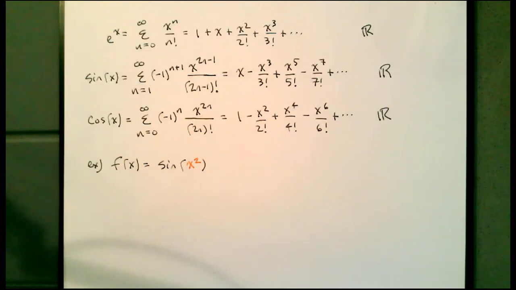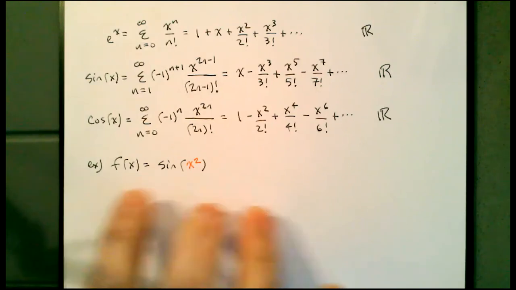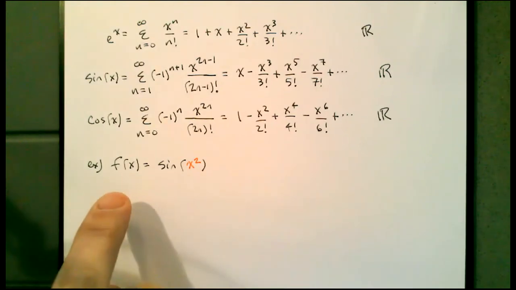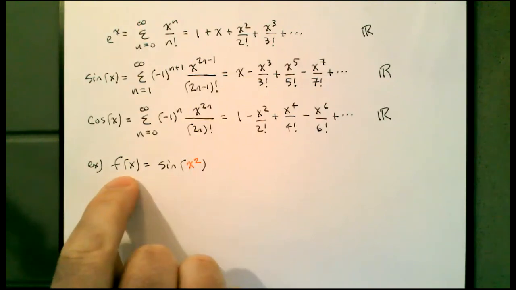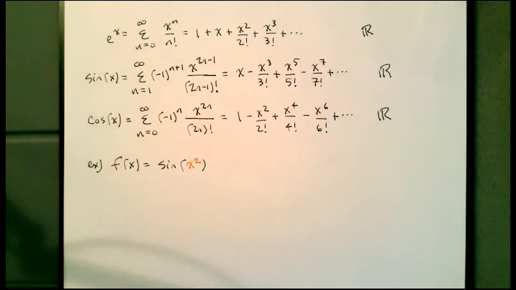Right now, you may be thinking, I hope we can do this the easy way. Find the first 4 non-zero terms of the Taylor series approximating f of x equals sine of x squared near x equals 0.